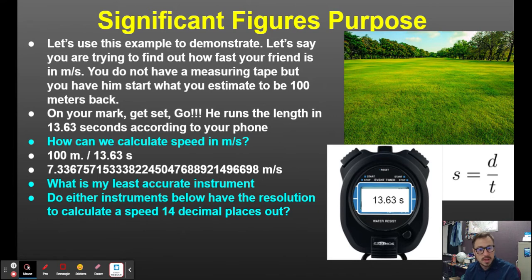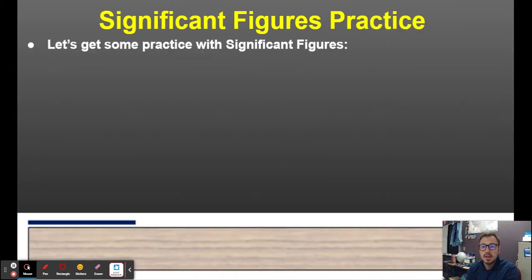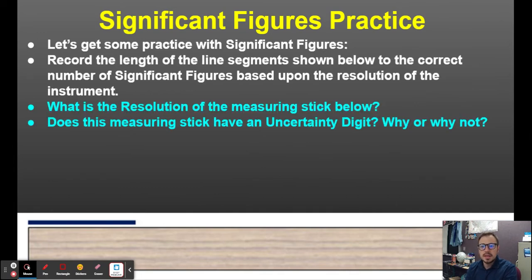We didn't measure it out with a measuring tape and say, yep, this is 100.00 meters. No, we just estimated that. That 13.63 is going to be very accurate, but our least accurate value is what we used to measure the distance. So using our rules of significant figures, you could only have one significant figure in the answer, 7 meters per second.